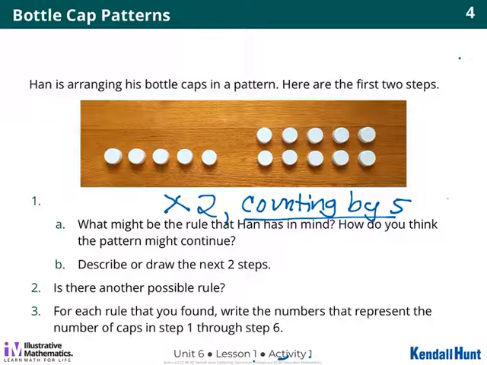Okay, so guys, if we look up here at our picture of the bottle caps, how many does he have in step 1, everybody? 5. How many does he have in step 2? 10. Okay, so could you do 5 times 2 to get 10? Yes. Could you also count by 5s?